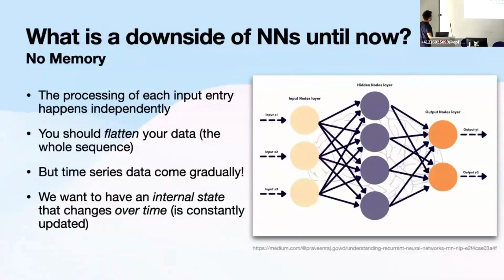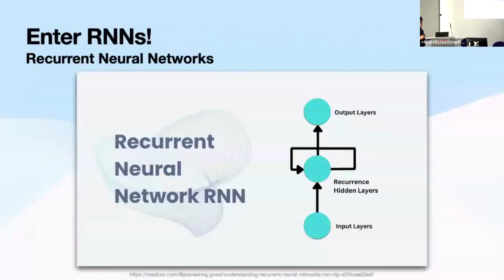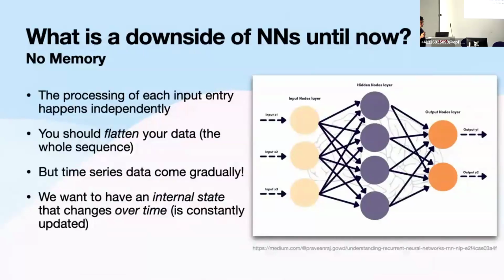It's similar intuitively to how humans work. We don't see the whole time series in one step when we are living a normal life, but we see it over time and our memory gets updated. So whenever we see a new data point, we use all of the memory that was updated over time. We usually call it an internal state. That's a term we usually use to refer to the memory. So yes, the internal state is a memory in the end.